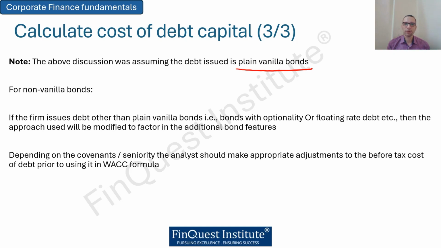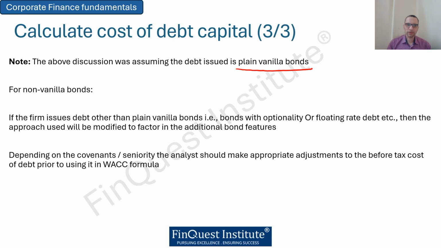As part of this video, we'll not get into the discussion of why a company will go in for such issuances. But when such bonds are involved, certain modifications will need to be made to factor in the additional features, so that we are able to capture the proper cost of capital for this non-vanilla structure.